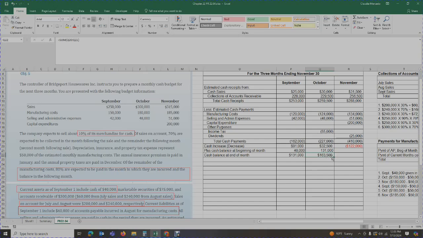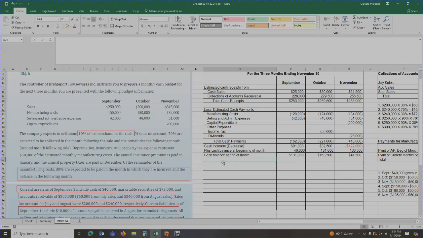Now for November, your beginning balance will be the ending balance that you have in October. We're going to carry that $163,500 over. Okay, so your beginning balance for the month was $163,500, and then you have a cash decrease of $122,000. So you're going to add those two together, and that's going to leave you with a cash balance of $41,500 at the end of November.